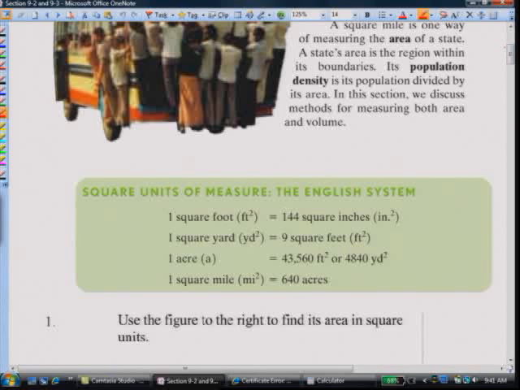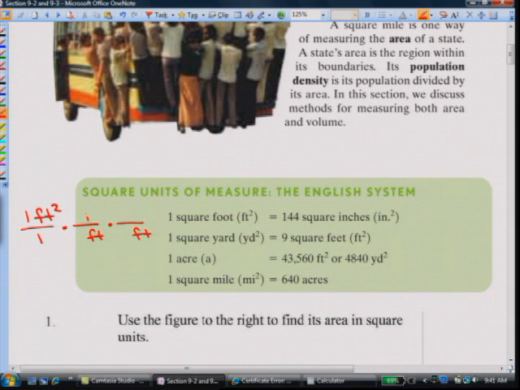We have units of measurement in the English system. We have the square foot. Last time we learned about conversion, so I want to explain why 1 square foot is 144 square inches. If you have 1 foot squared and you want to convert that to inches, you need to cancel feet twice, because foot squared means feet times feet.